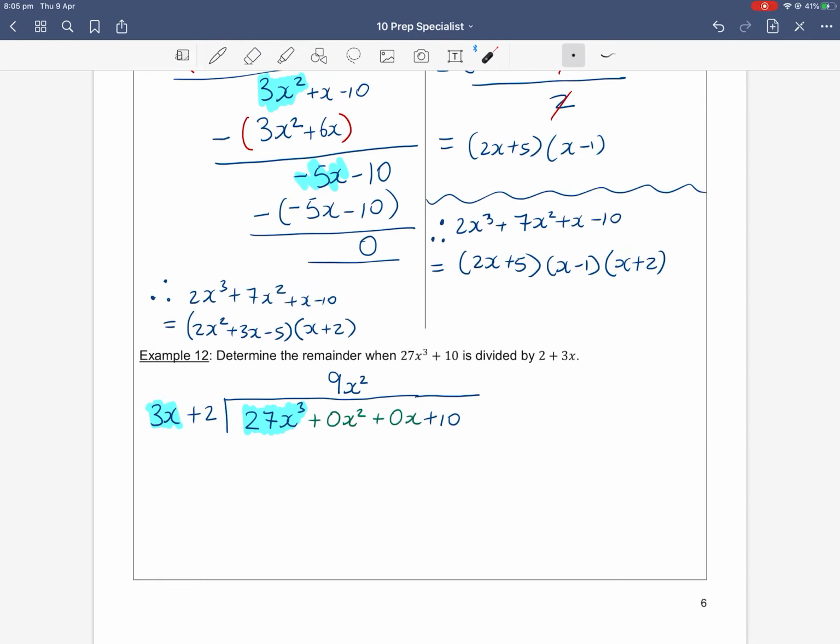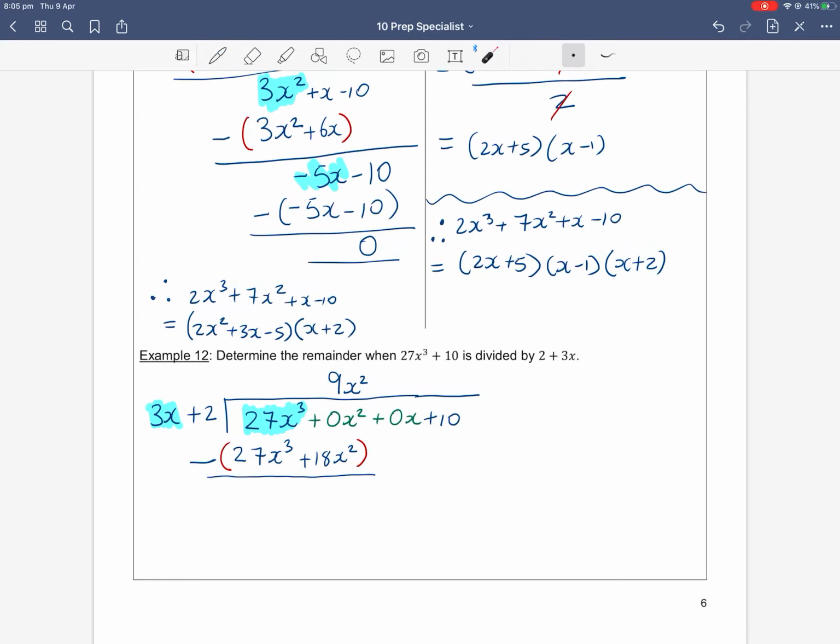Right, so following like last time, using long division, I need to multiply this quotient with every term of our divisor. So 9x squared times 3x gives us 27x cubed. 9x squared times 2 gives me positive 18x squared. Make sure you put brackets around your subtraction, and we're going to subtract to find our remainder.